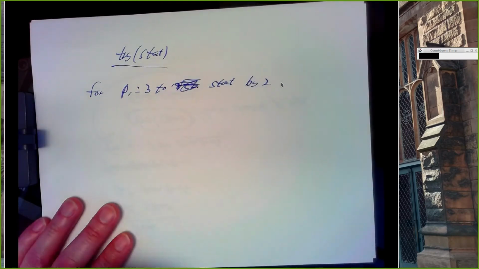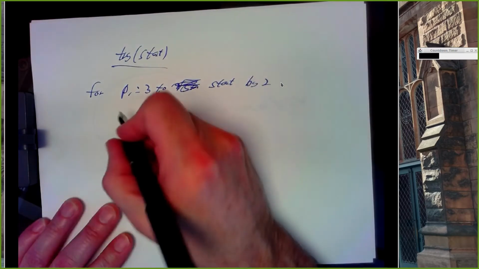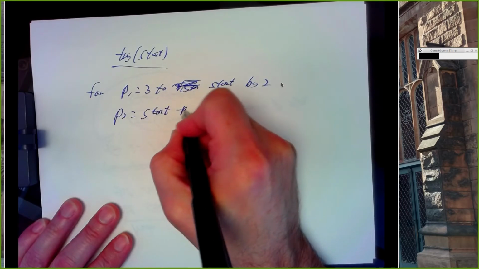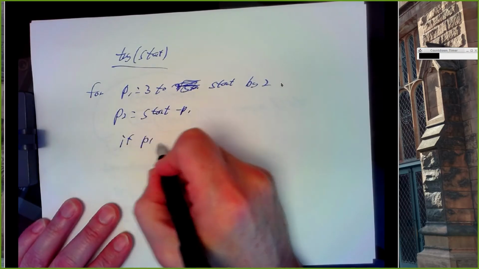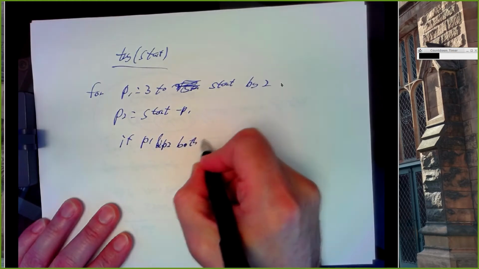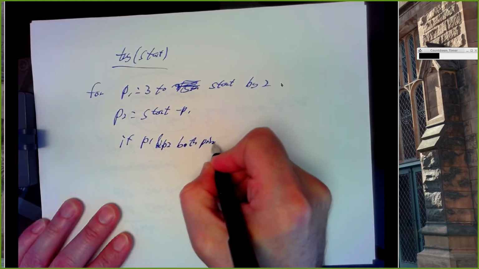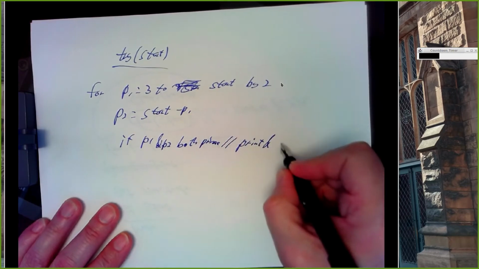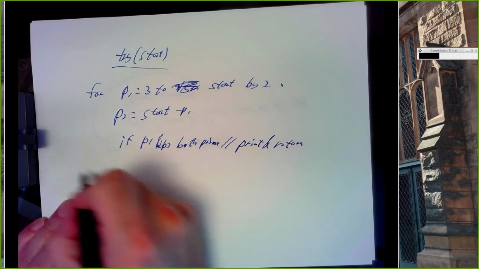P1 goes from 3 up to start by 2. Set P2 equal to start minus P1. If P1 and P2 are both prime, print your answer and return.